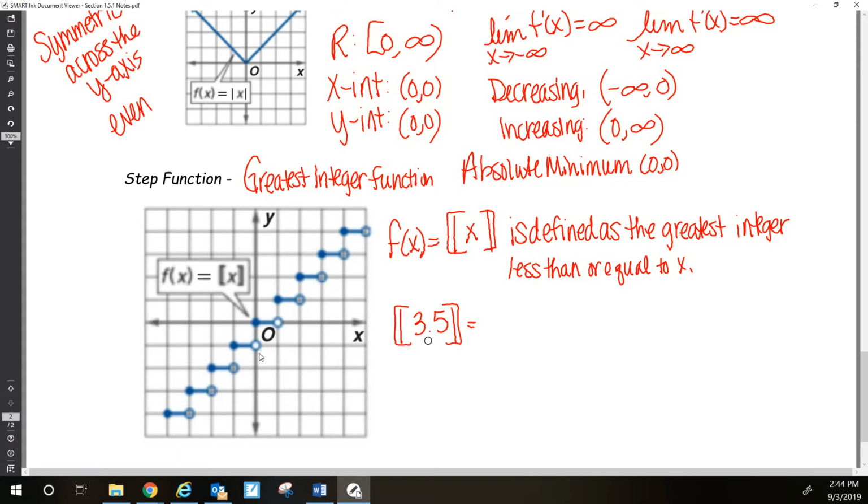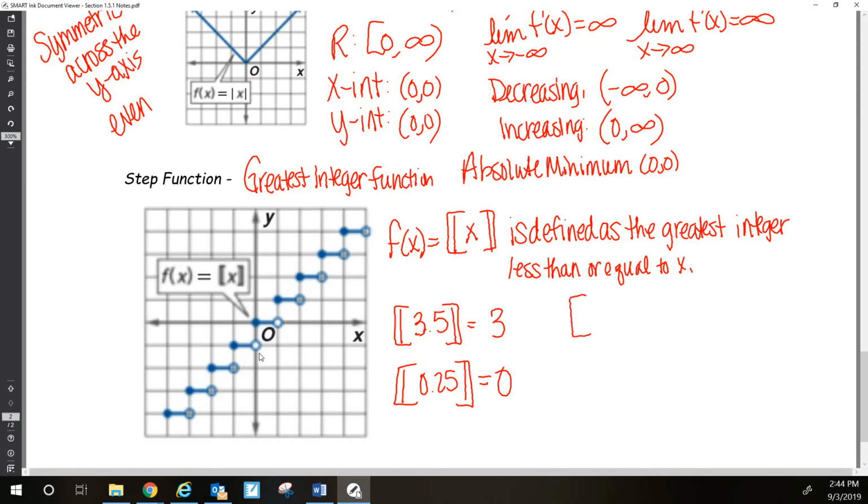We can't say 3.5, right? Because 3.5 is not an integer. It's got to be a whole number, either positive or negative. What is the biggest integer that is less than 3.5? That would be 3. What would be the greatest integer of 0.25? What's the biggest integer less than a quarter? That would be 0.